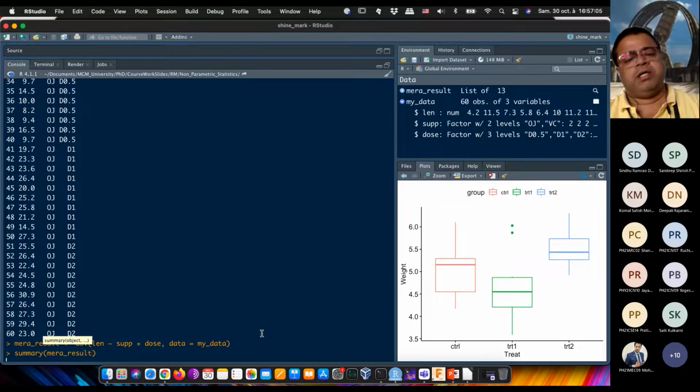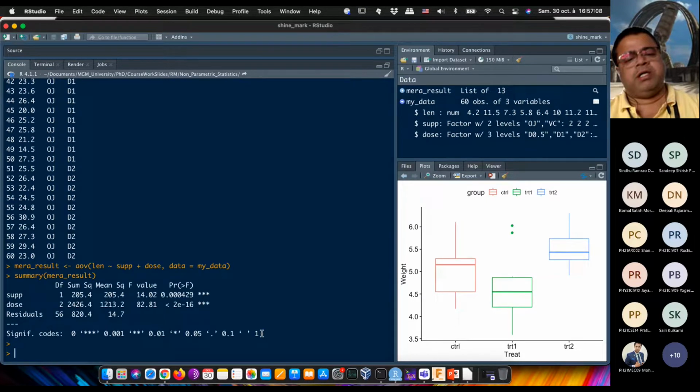If I have done that, so what has happened here? It has given me these values, look at them: what is the value and what is my level of significance? Level of significance is 0.05. Okay, is this less or more? The upper one, 0.00429, is it less or more? This 10 to the power -16, is it less or more? In both cases these are small values, which means supplement is significant.